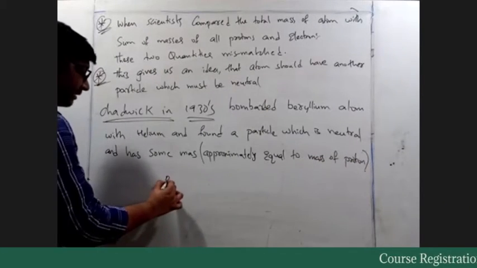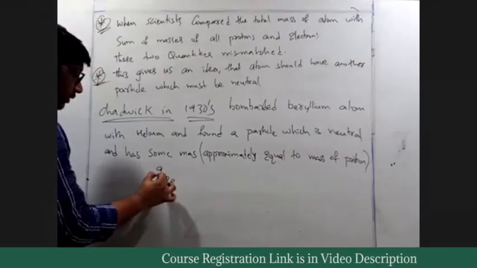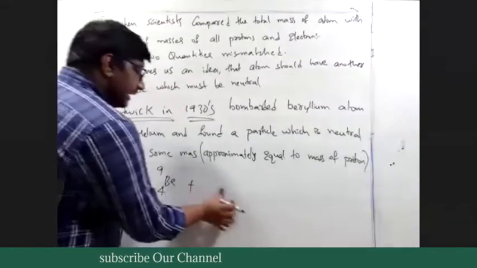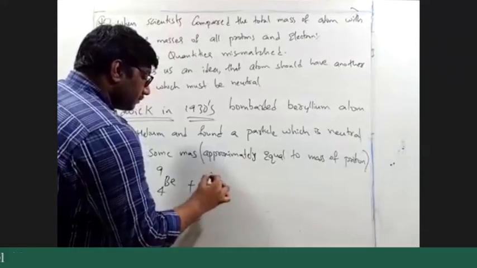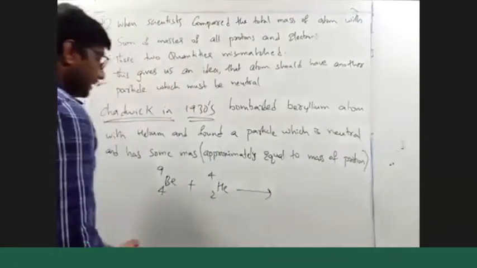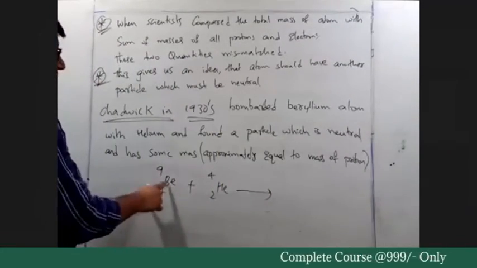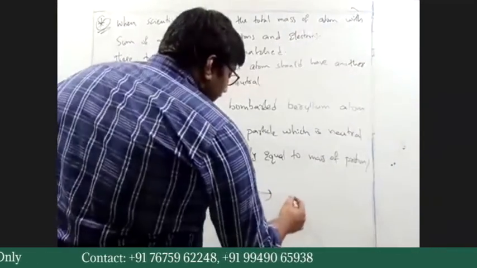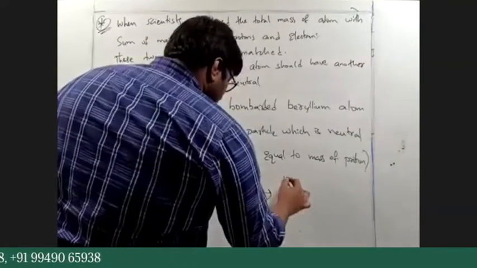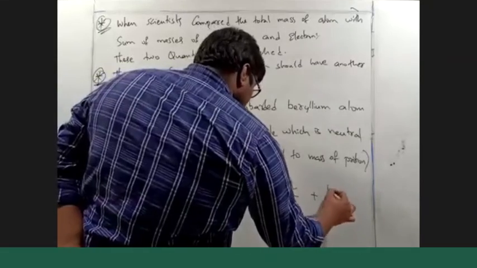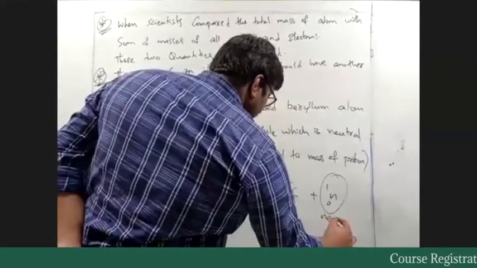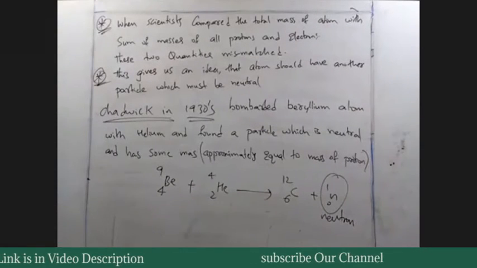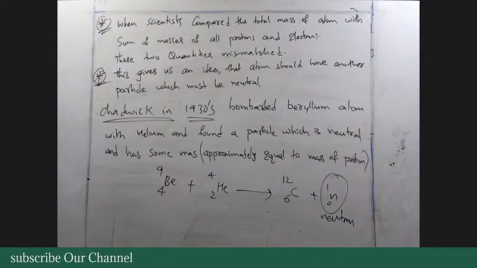Okay, what he does is, he has taken beryllium nucleus and bombarded it with helium. So what will he get? The signs for beryllium 9, helium 4, all those things I'll discuss. You don't need to worry at all. That is our neutron, n 0 1 is our neutron. Is that fine?